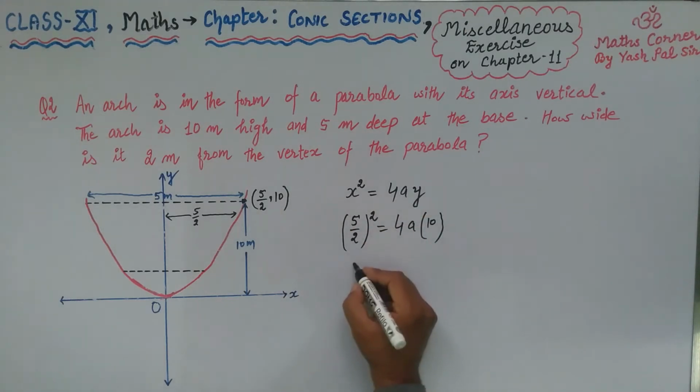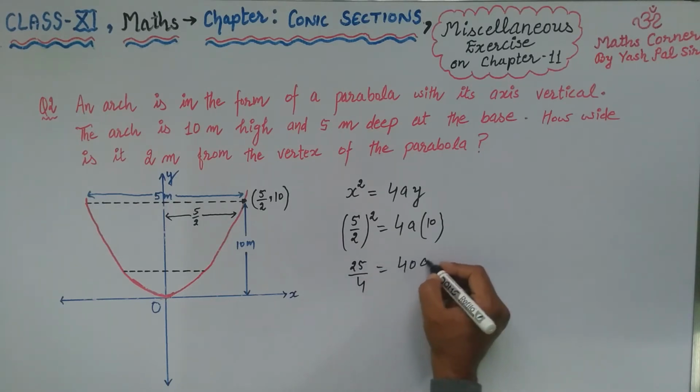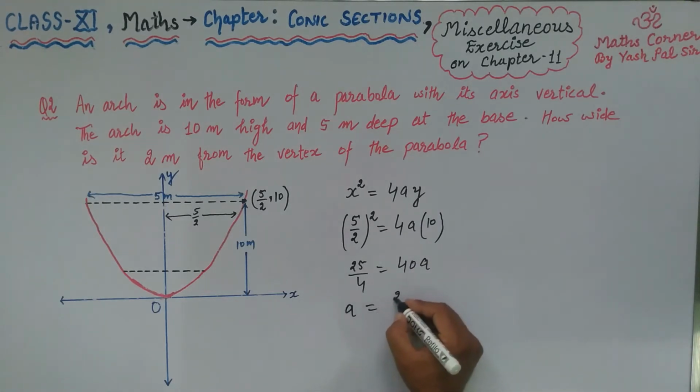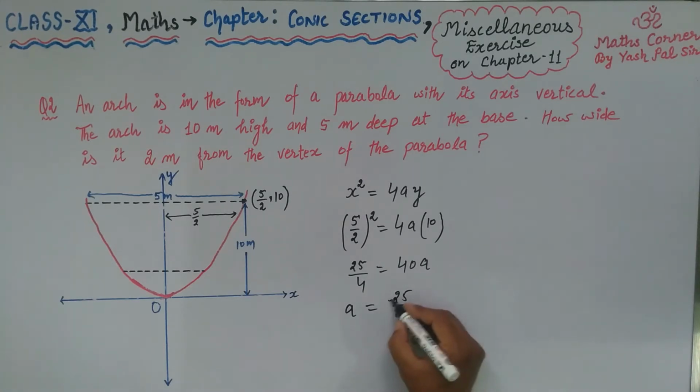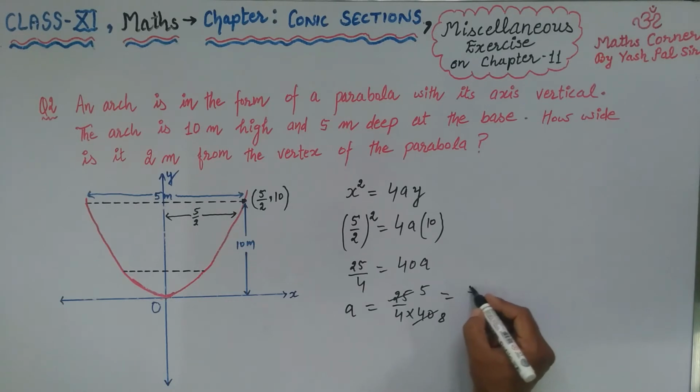So we write here 5 5s are 25 upon 4 is equal to 40a. From here we have a is equal to 25 upon 4 divided by 40, right? 5 5s are 25, 8 5s are 40. So we write it 5 upon 32 is the value of a.